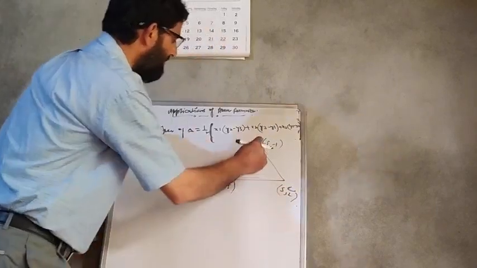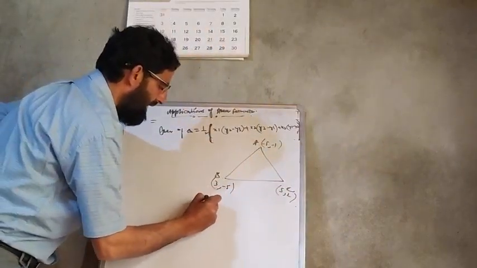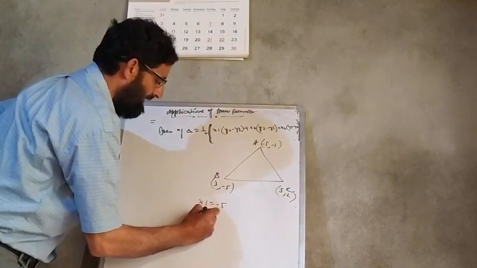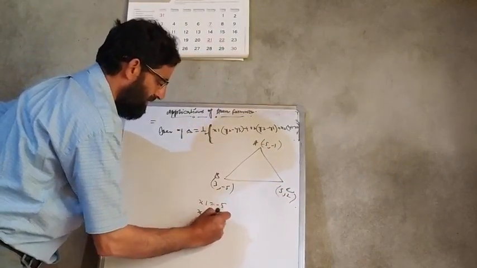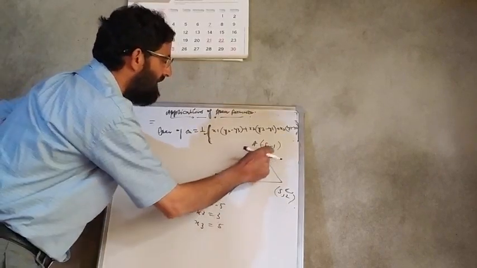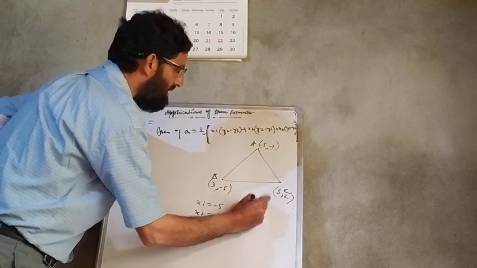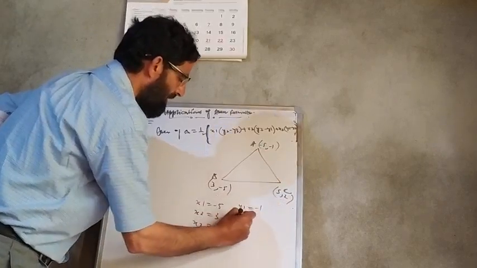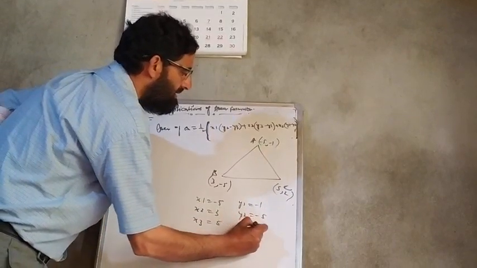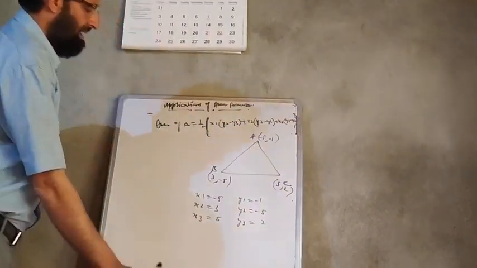So here, what is x1? x1 is equivalent to minus 5 and x2 is equivalent to 3. x3 is equal to 5. And what is y1? y1, second coordinate, is equal to minus 1. y2 is equivalent to minus 5. And y3 is equal to 2. Now very simple.